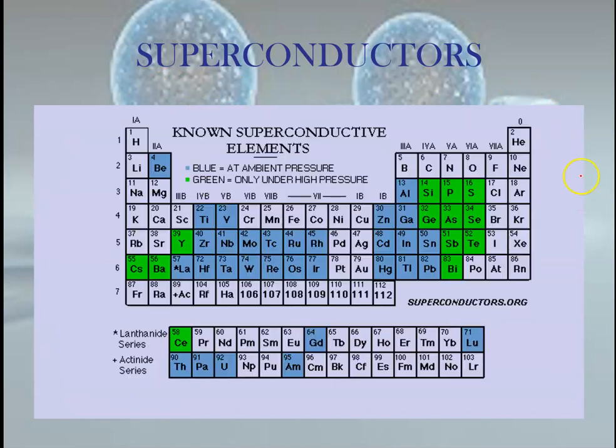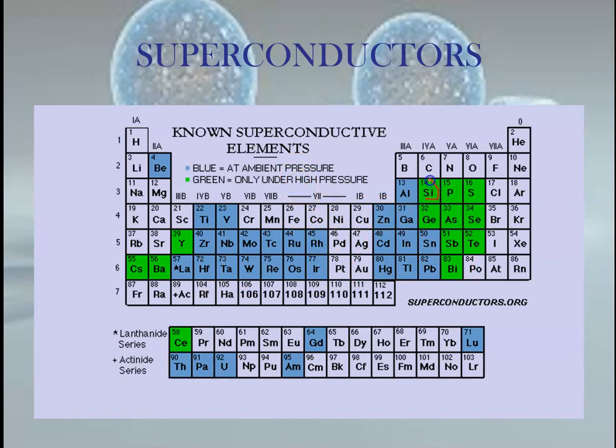Now, these are a few elements in your periodic table that have the characteristic of a superconductor. The blue ones are at ambient pressure, while the green ones are only under high pressure.